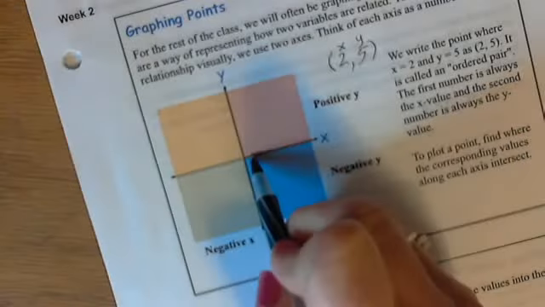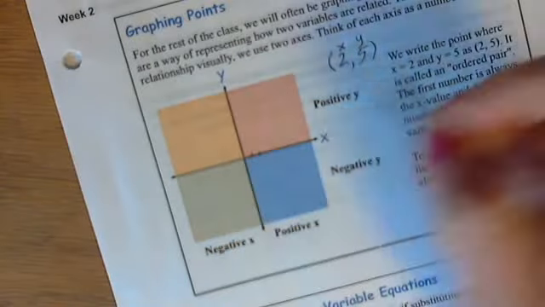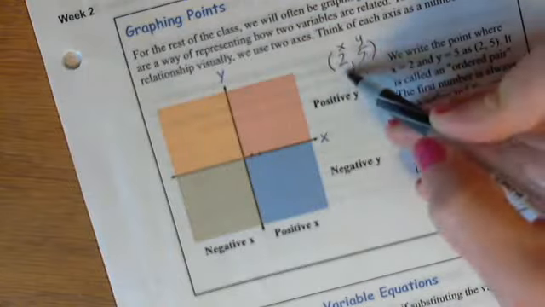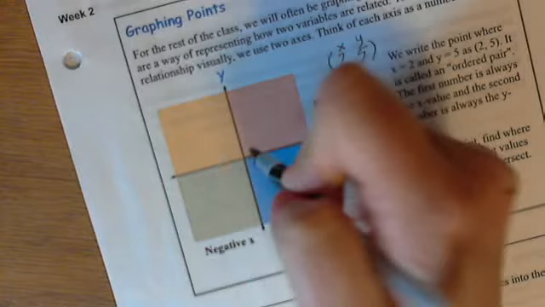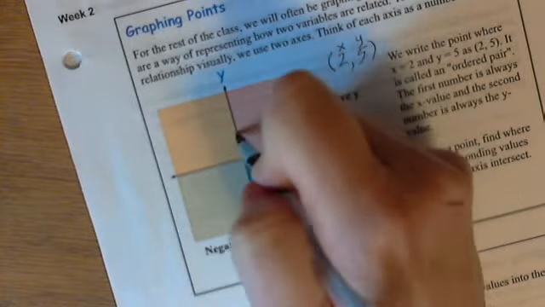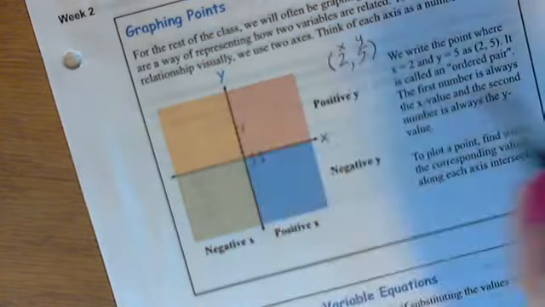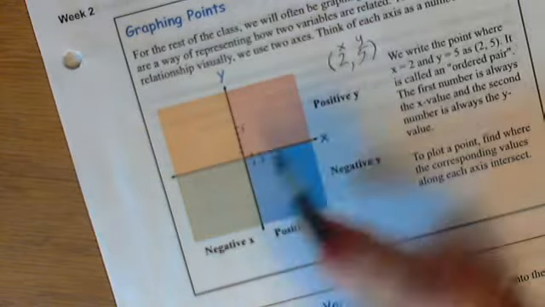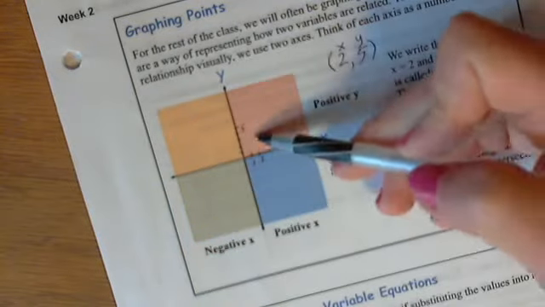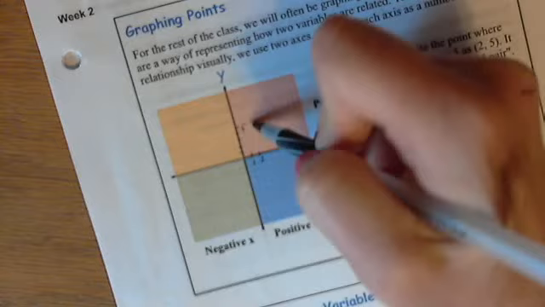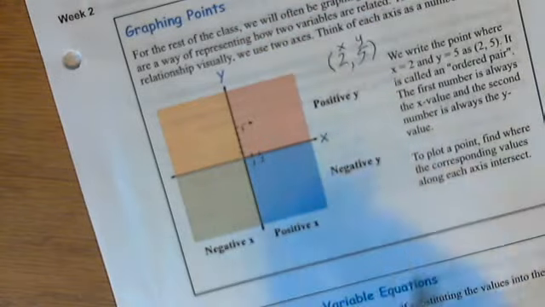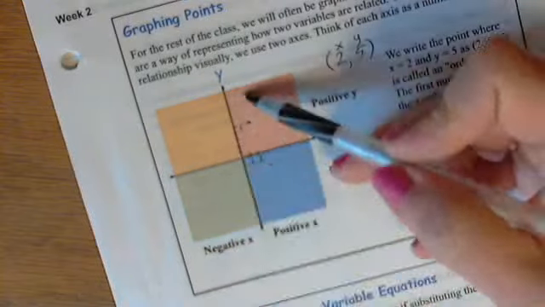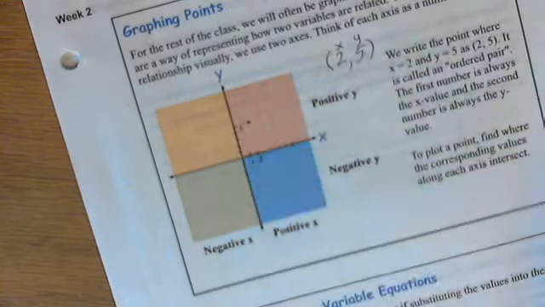So if I go over 1, 2 notches, and then that's my x value, y is 5, so 1, 2, 3, 4, 5. I would go over 2 and then up 1, 2, 3, 4, 5 spaces and put a point right at the intersection of the two lines, the one representing 2 for x and the one representing 5 for y.